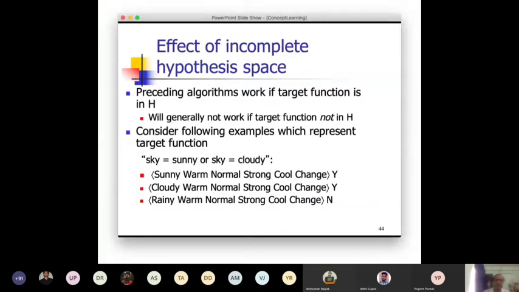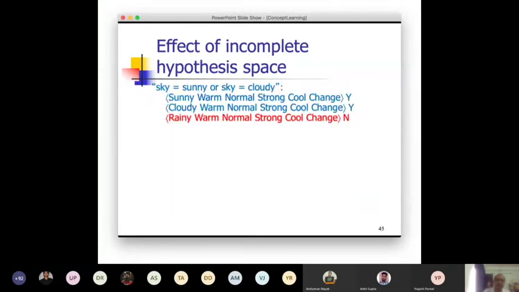So naturally, with this kind of training examples, like two positive examples and one negative example, if I apply the candidate elimination algorithm, then your boundary S, the set of most specific hypotheses, gives a hypothesis till the second example. The moment you get the negative example, it becomes inconsistent. So they become empty, and you get an empty version space.